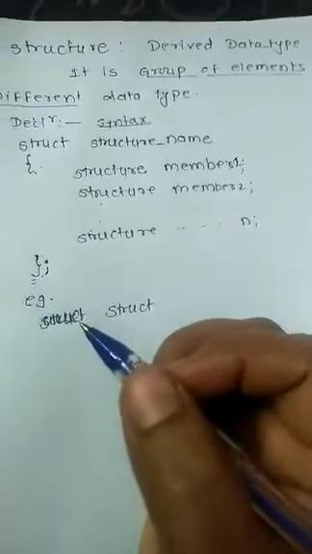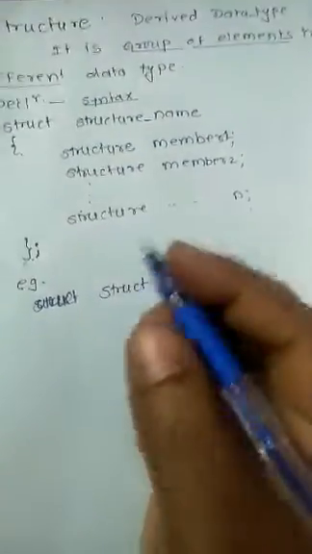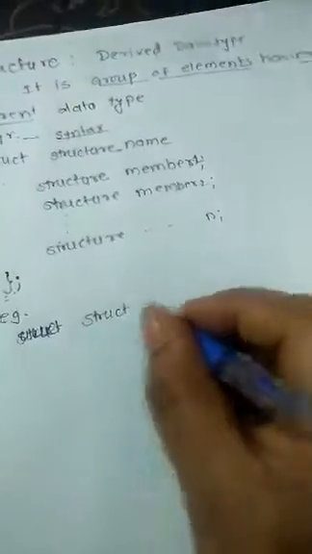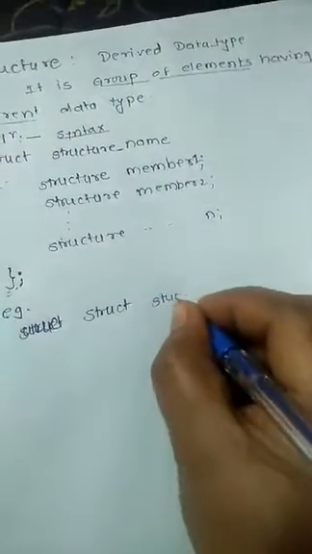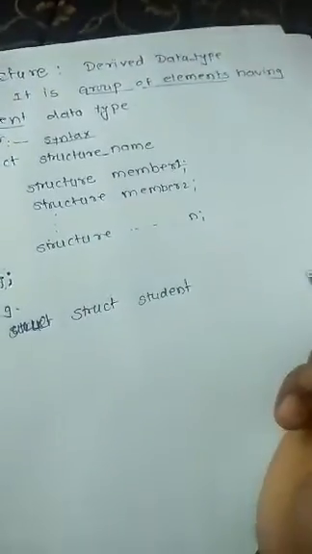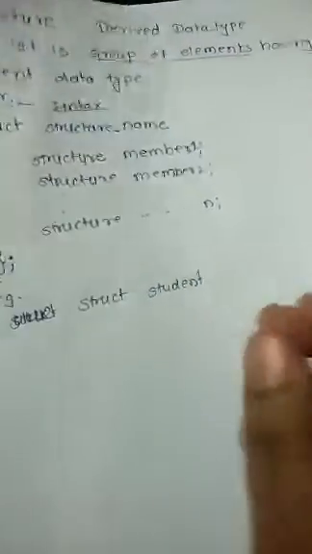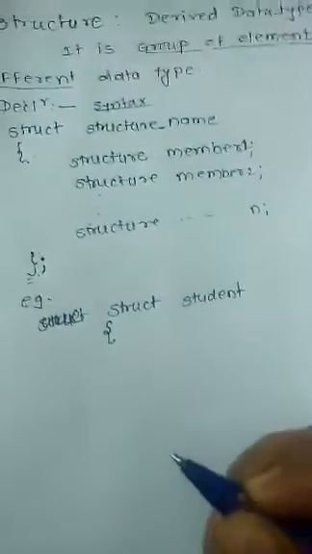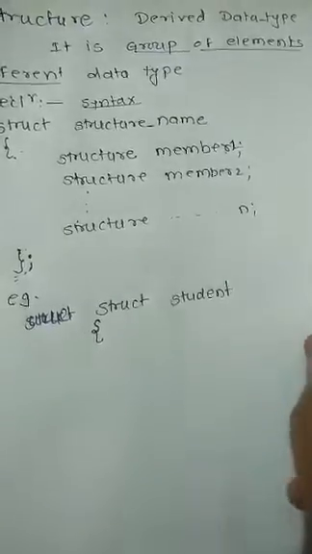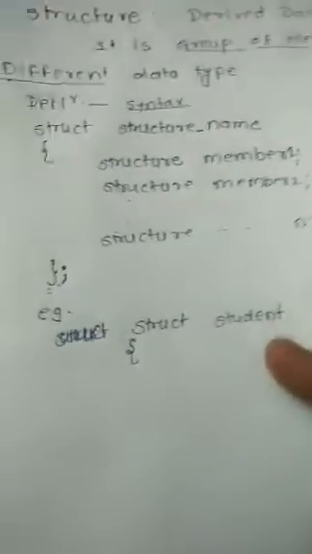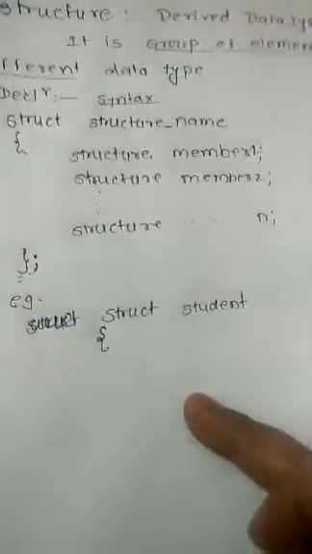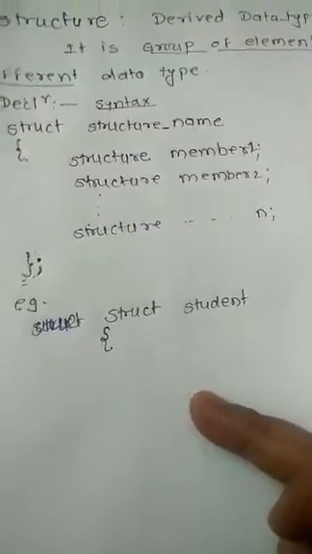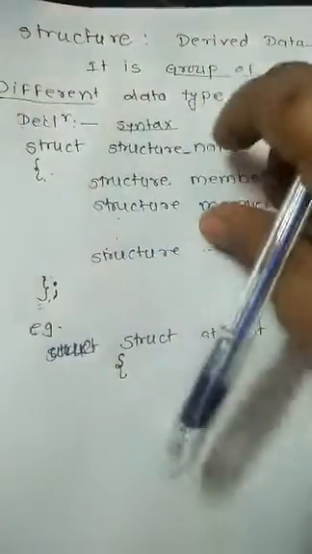I want to declare the student data, so I give the name of the structure as student. Whatever student data you have to declare, you declare inside as structure members one by one. So the structure open bracket is here, then structure member 1, structure member 2, structure member 3, whatever student data you want to declare, you have to declare inside this struct. This forms a group of elements.